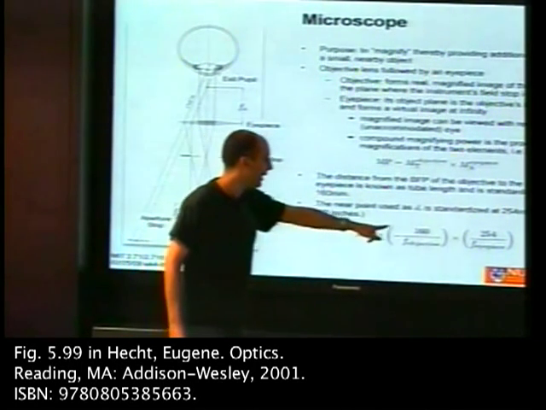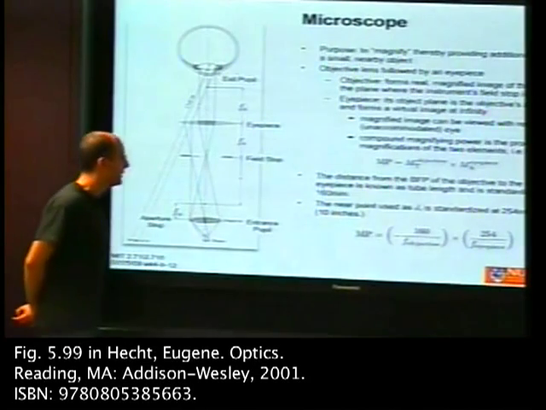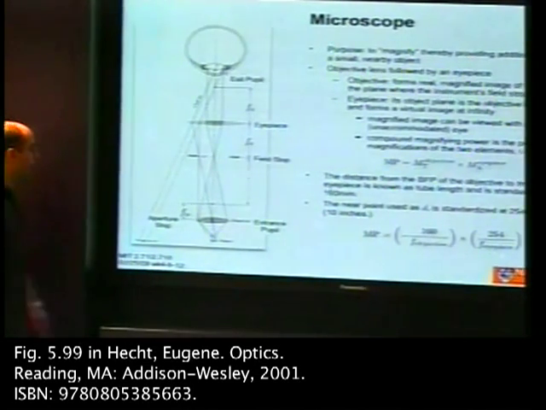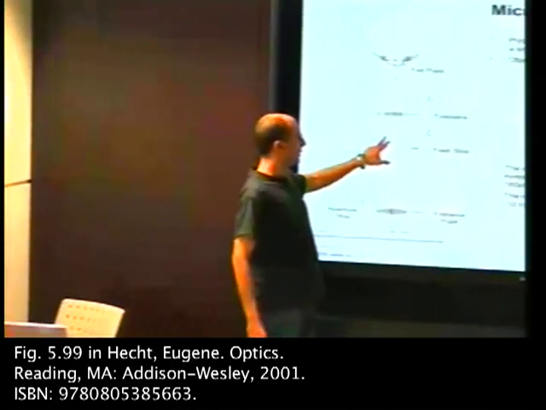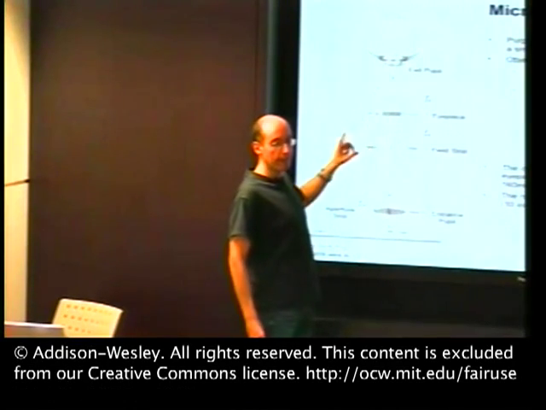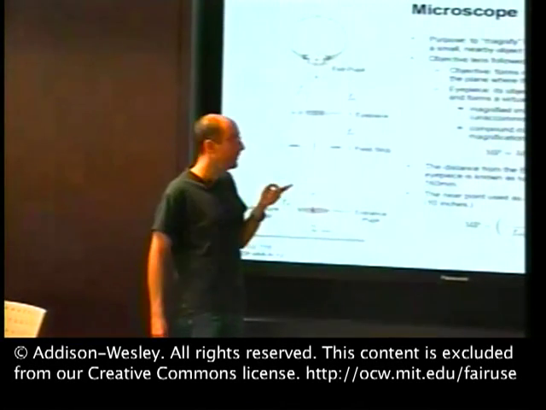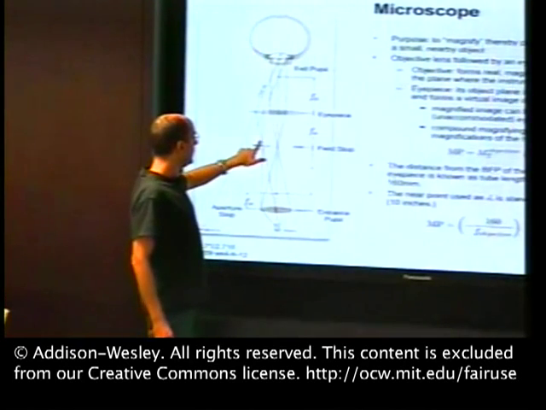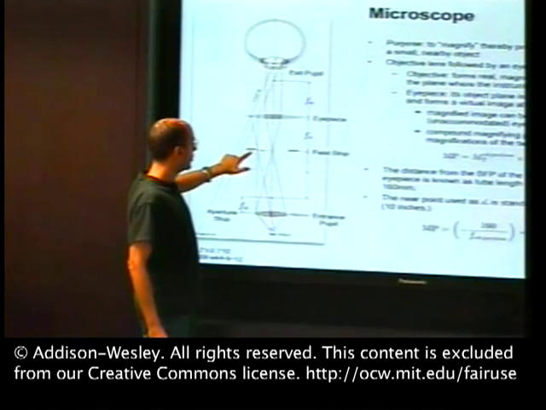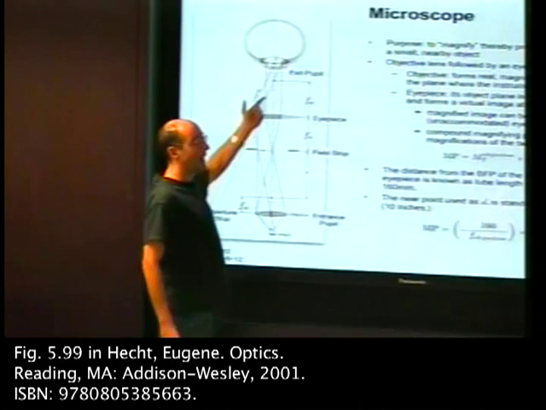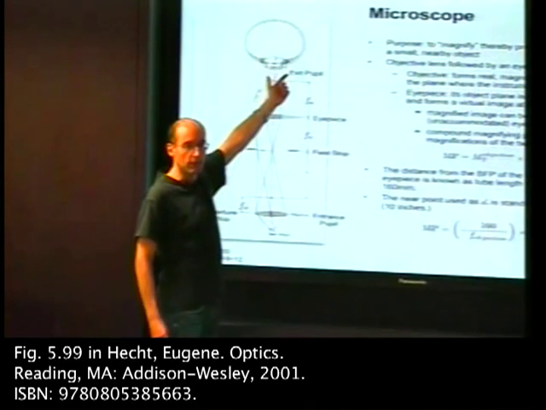I will say in a second why this 160 appears. But the second element that we need is the angular magnification of the eyepiece, because this will allow us to say how this distance over here translates into the angle that goes into the eye finally. Okay.